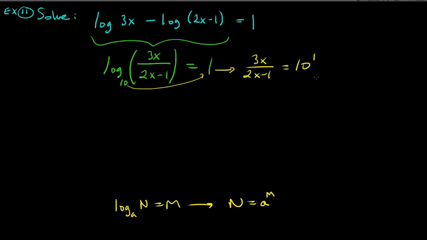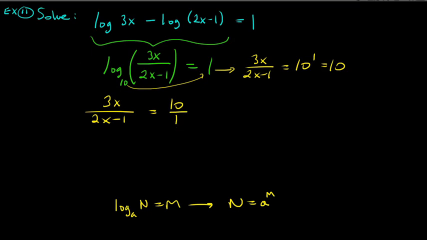So 10 to the 1 is just 10. So now we have to solve this equation here. This is something you've done many times before in your intermediate algebra classes. I'll give you a nice hint here that both sides are fractions. This is 10 over 1, which is still 10.